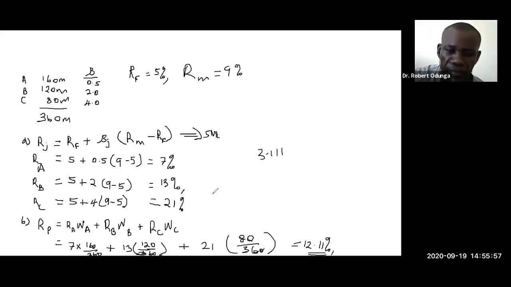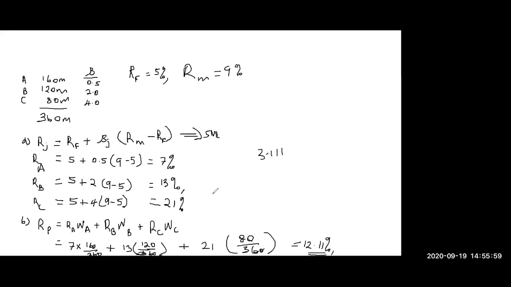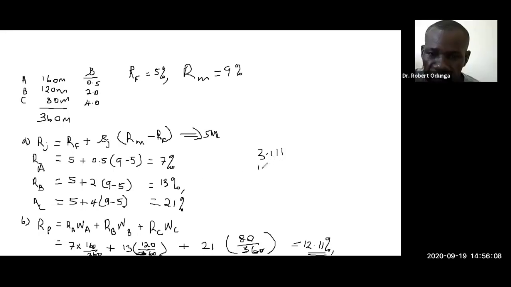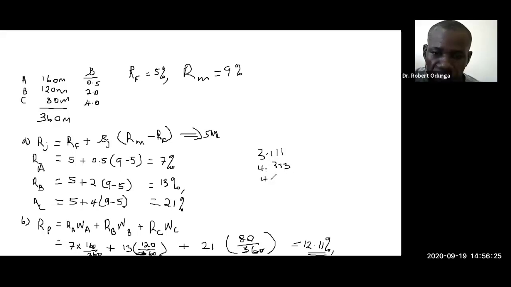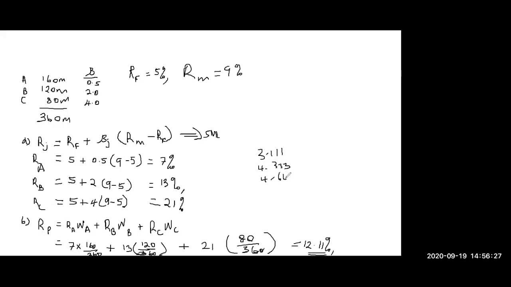Second one: 4.33. Then the last one, 4.6666. 4.666, so we make it 4.67.